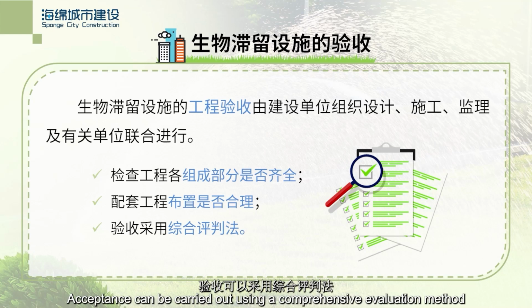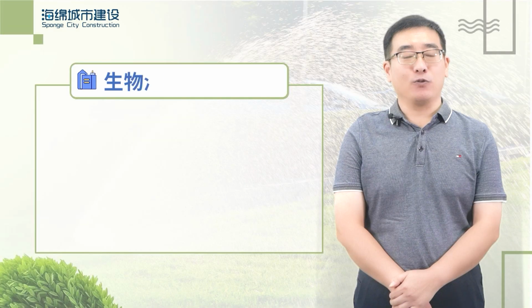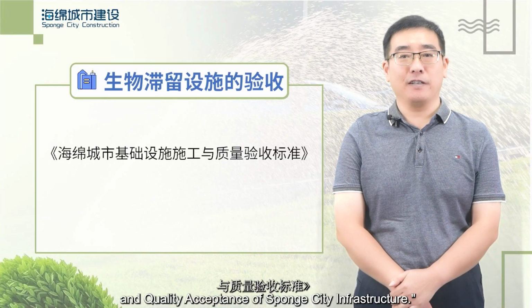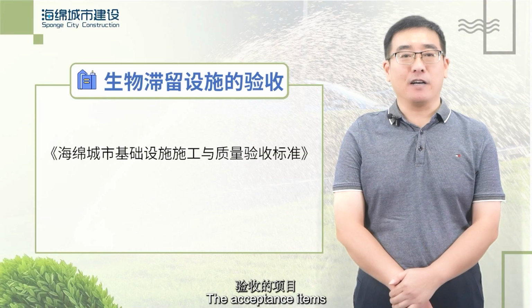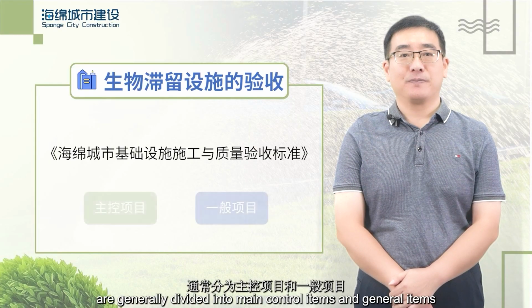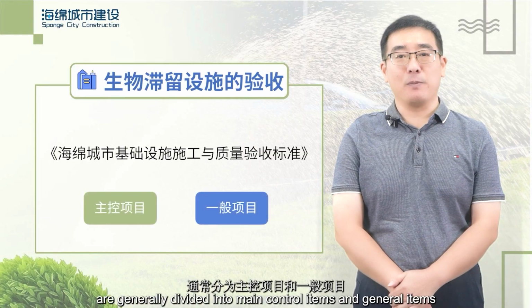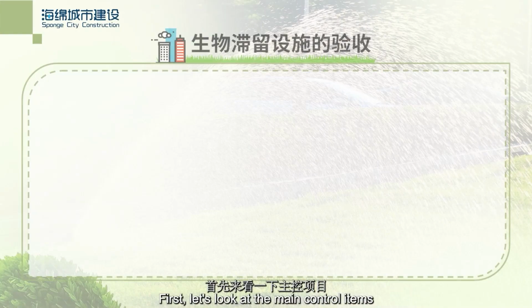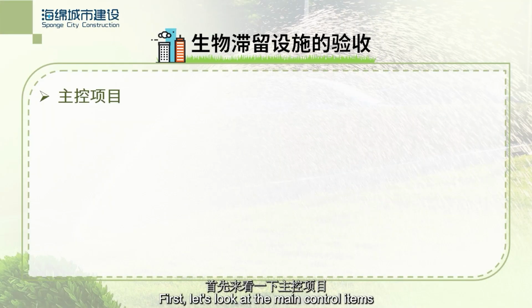Acceptance can be carried out using a comprehensive evaluation method. Following the standards for construction and quality acceptance of sponge city infrastructure, the acceptance items are generally divided into main control items and general items. First, let's look at the main control items.